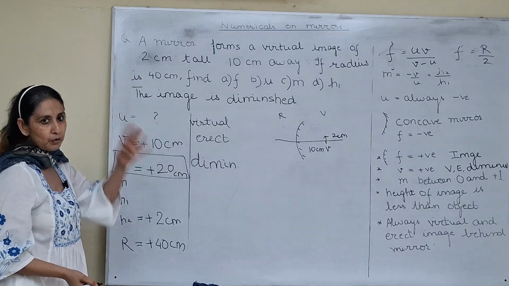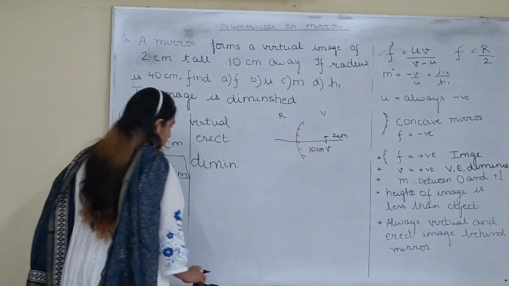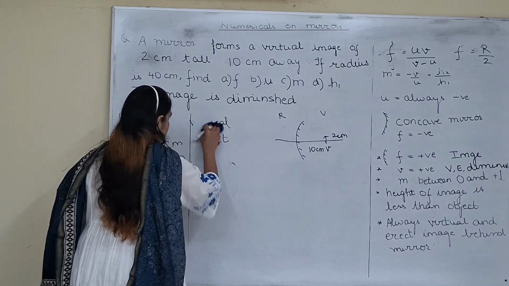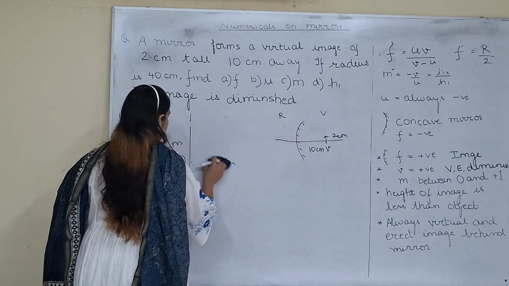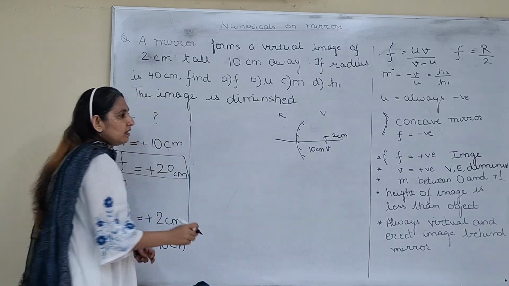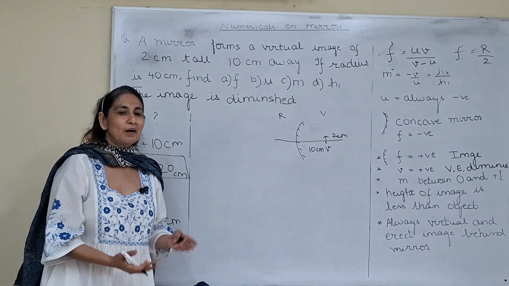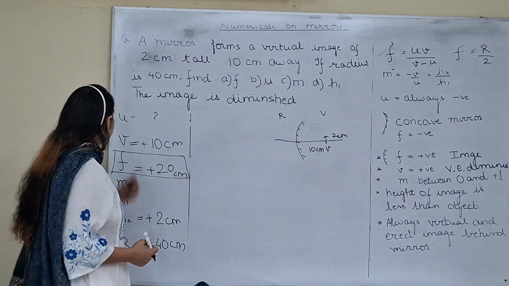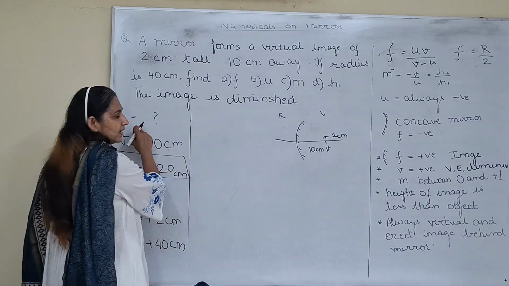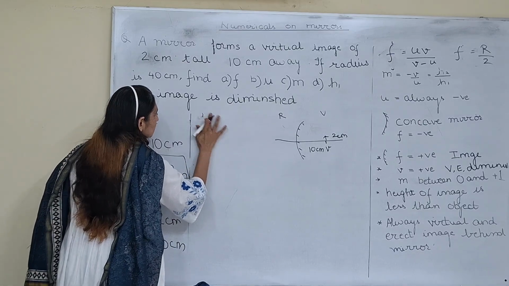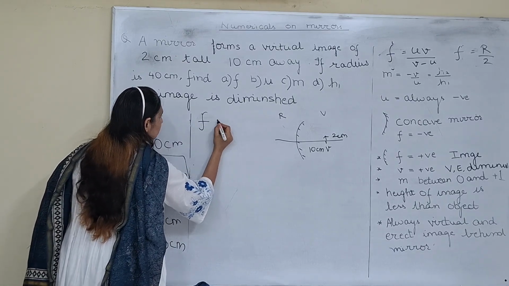The first important formula. Can I rub this from here? Since we have already used it, I am rubbing. In the exam, don't write and then rub it, because the examiner has to see what you wrote. So yes, we have to find the U, object distance. I'll write the formula. I usually prefer this one.